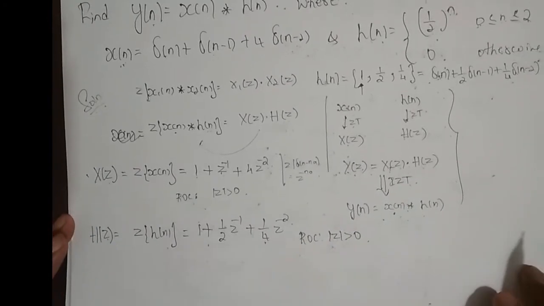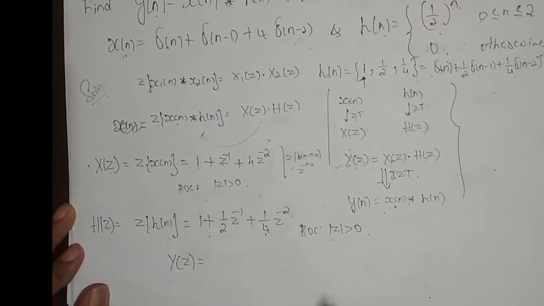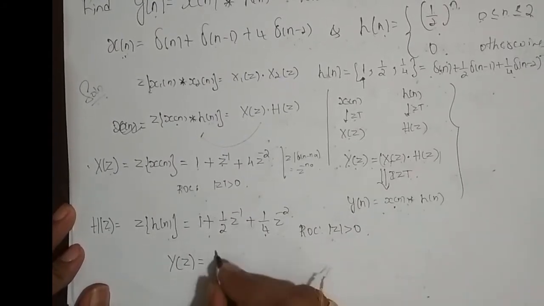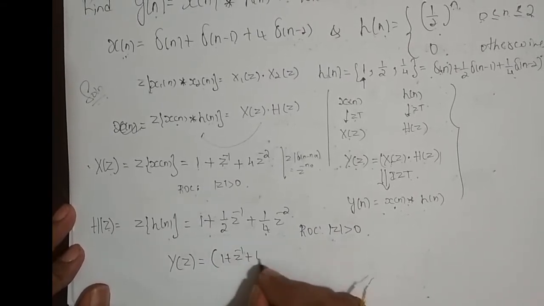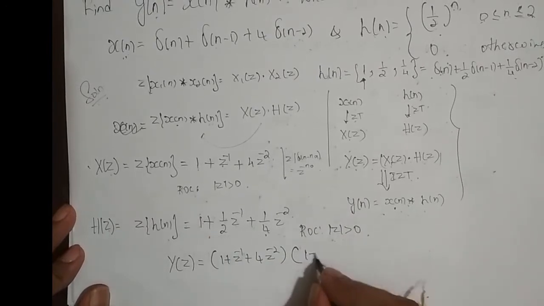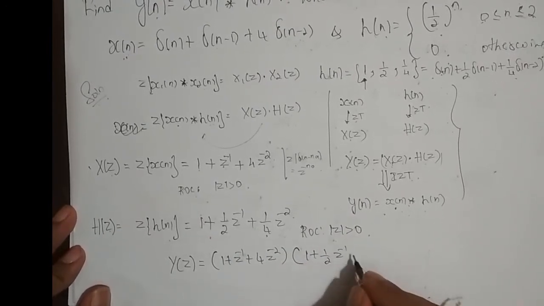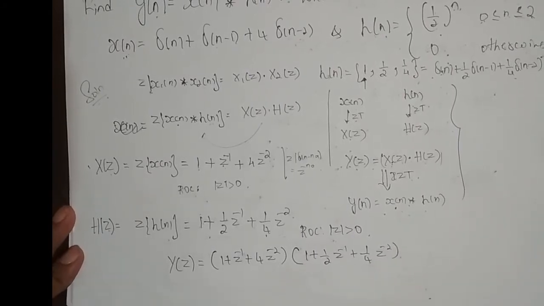So what is our next step? Our next step is to find Y of z, which is equal to X of z multiplied with H of z. X of z is 1 plus z power minus 1 plus 4 z power minus 2, multiplied with H of z, 1 plus 1 by 2 z power minus 1 plus 1 by 4 z power minus 2. Okay.